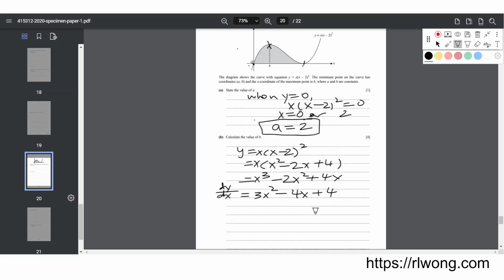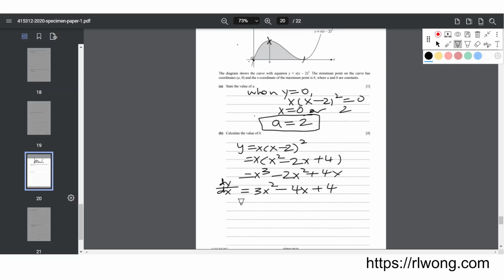Now I want to calculate b. When dy/dx is equal to 0, you have 3x squared minus 8x plus 4 equals 0. Factorize it, you will get (x minus 2)(3x minus 2) equals 0.